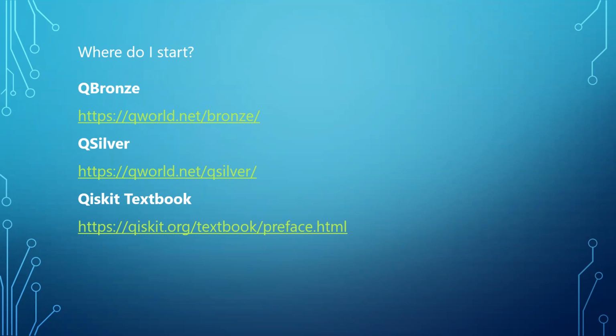There's also this nice IBM Qiskit textbook. Qiskit is a quantum computing framework, and it is really nicely explained inside there. So these are both your theoretical and practical resources.